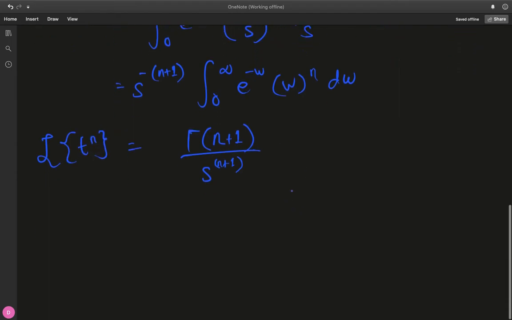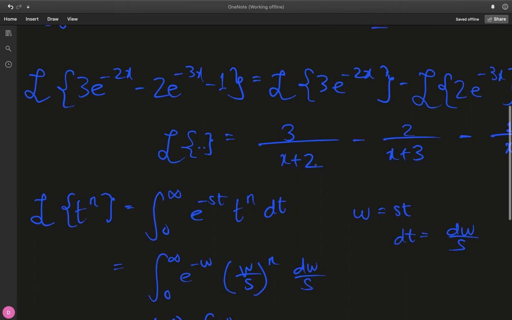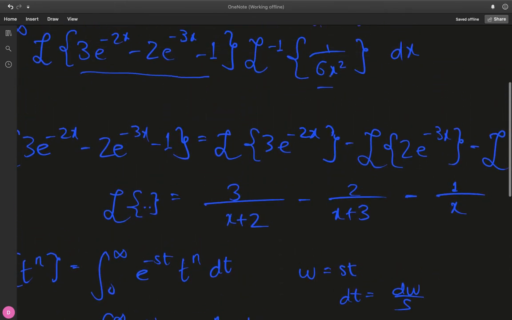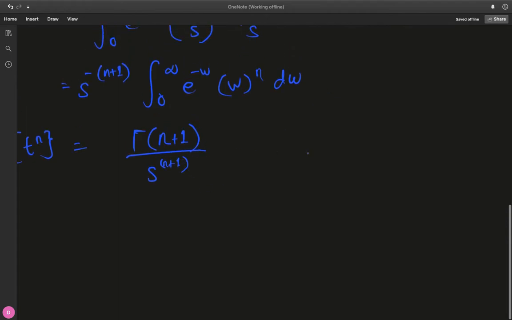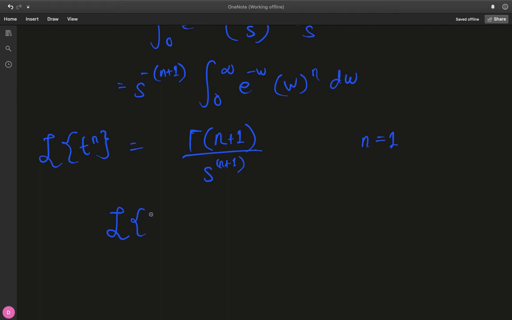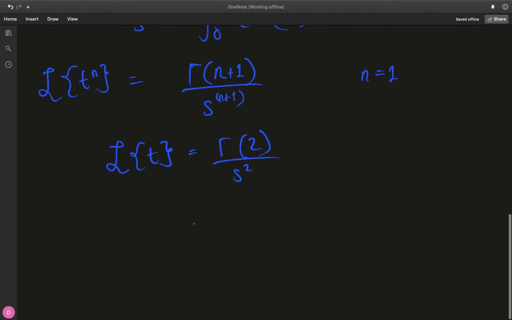So now, on rearranging certain terms, since we needed to find the inverse Laplace transform of 1 over x squared, we need the power of s to be 2. So if we let n equal 1, we have the Laplace transform of just a single t to be gamma of 2 divided by s squared.